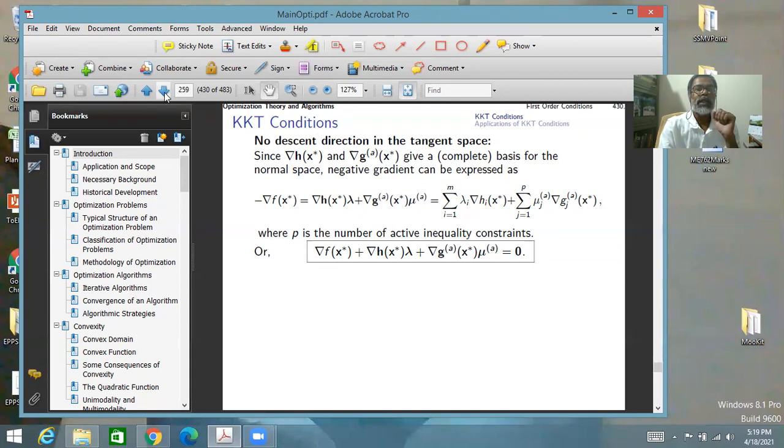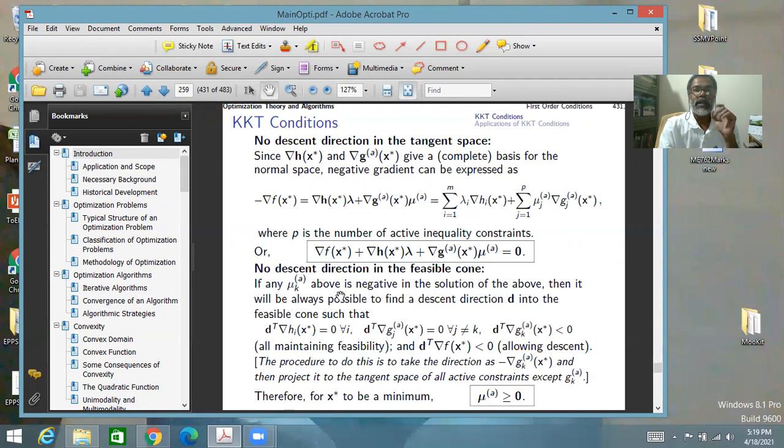Now, what do we get by checking no descent direction in the feasible cone towards the interior? Consider any mu k a that you get from here, because you put these quantities in and try to solve for lambda and mu a.